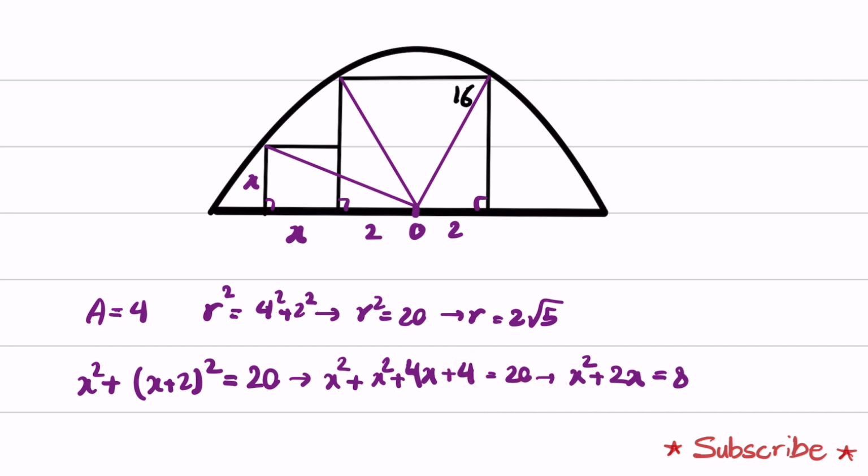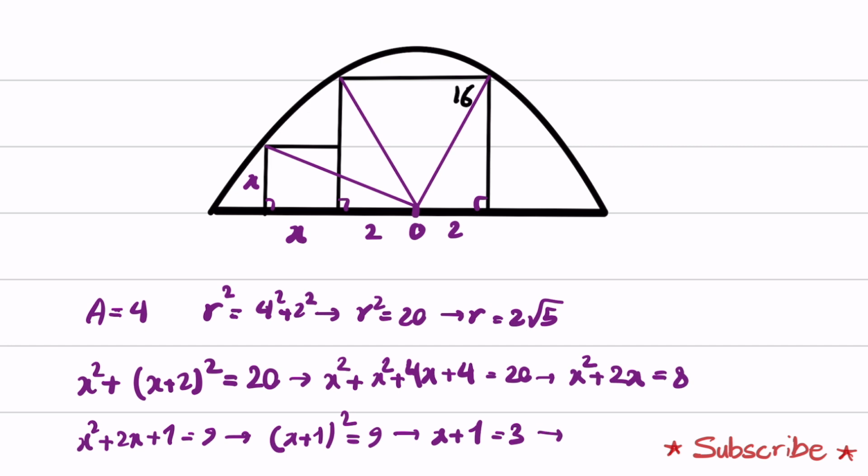And if I add 1 to the left and to the right hand side of the equation, we have x squared plus 2x plus 1 is equal to 9. And we can write the left hand side as (x plus 1) squared is equal to 9. And from this we have x plus 1 is equal to 3. The negative is not a valid answer. And x is equal to 2.